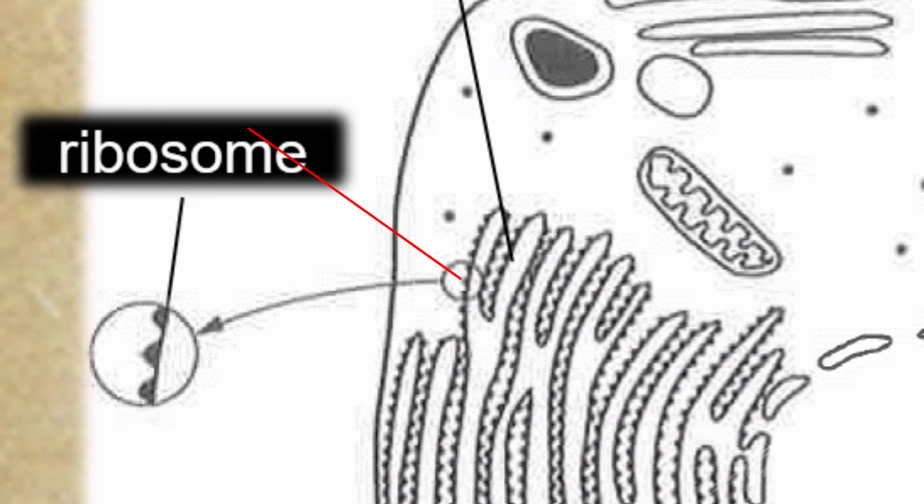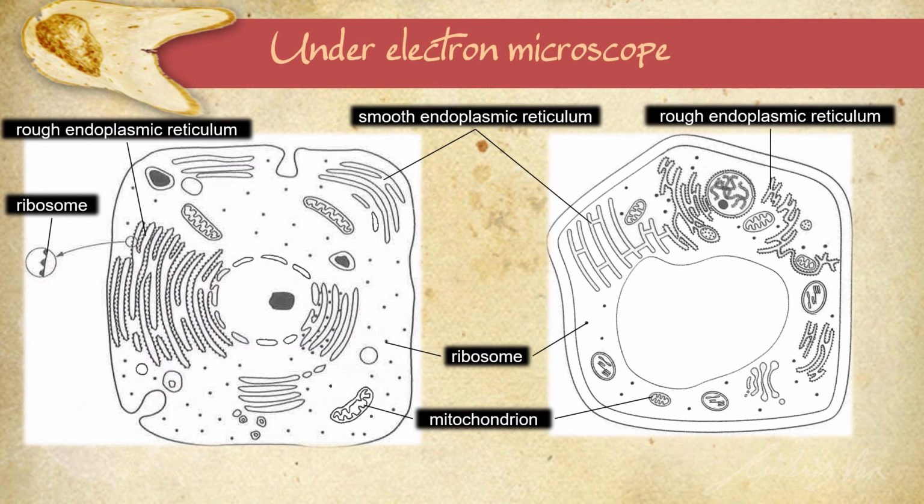Those black dots are actually ribosomes, which we labeled earlier. Other organelles include smooth endoplasmic reticulum, or SER, as well as Golgi apparatus. These two organelles are quite problematic for us to recognize because they look almost identical, and it's very difficult to tell them apart.